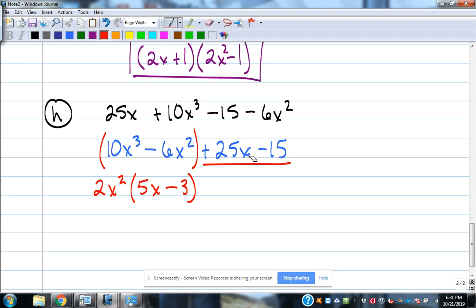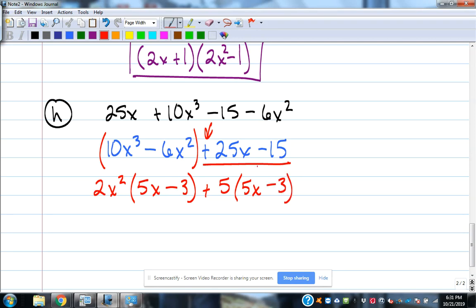Second half. 5? What kind of 5? Positive. That sign right there in the middle will always be the sign that carries down here. It never changes. It always is the same. Whatever sign is in the middle there is always going to carry down here. Okay? And then that leaves us 5x minus 3 in the parentheses.